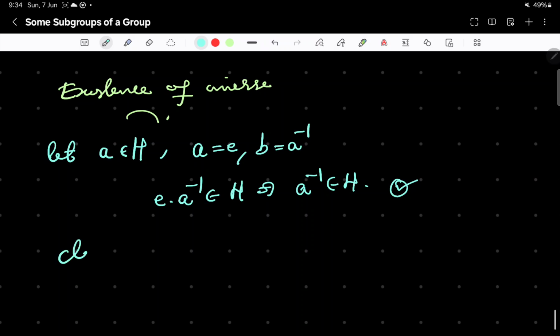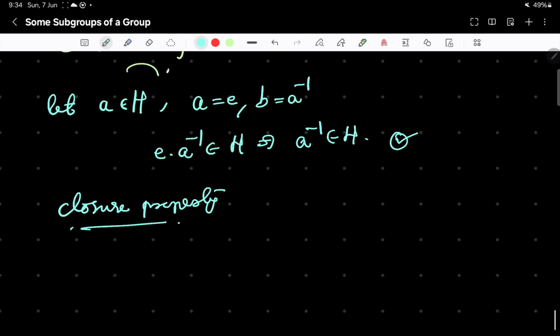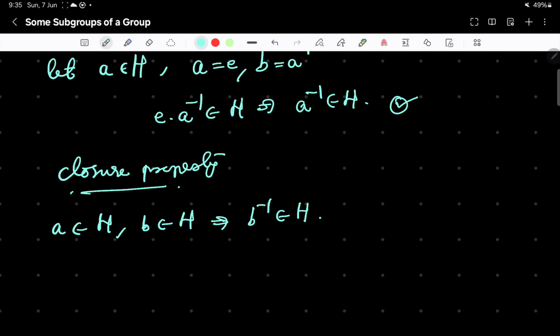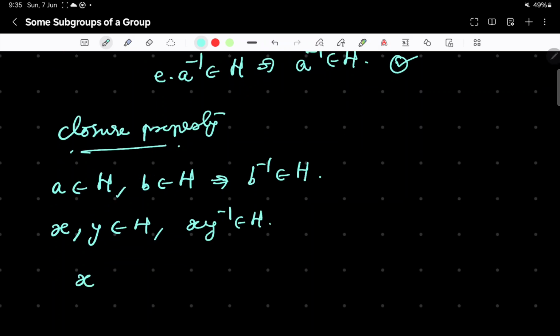Now we have to prove the closure property. Let's take a in H and b in H. We need to prove ab in H. We already proved that inverses exist, so b inverse exists in H. I will denote it with different variables: x, y in H implies xy inverse is in H. Here you put x equal to a and y equal to b inverse.